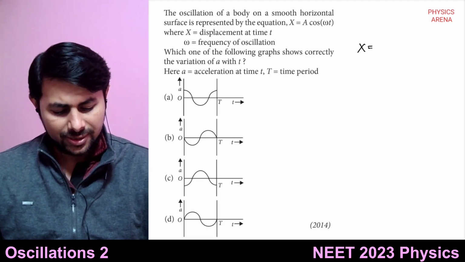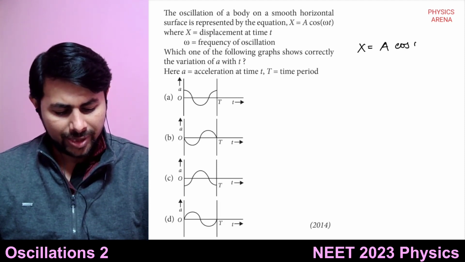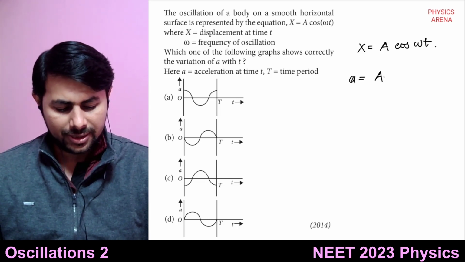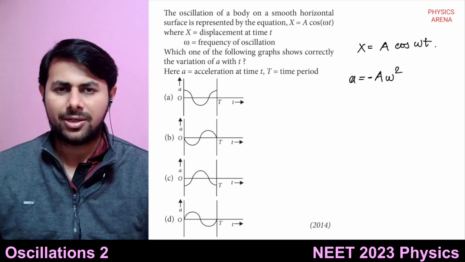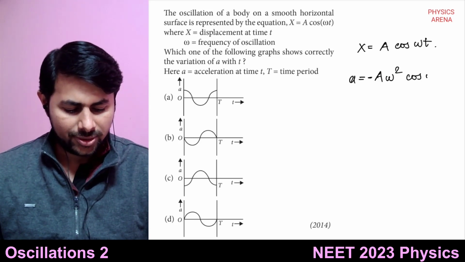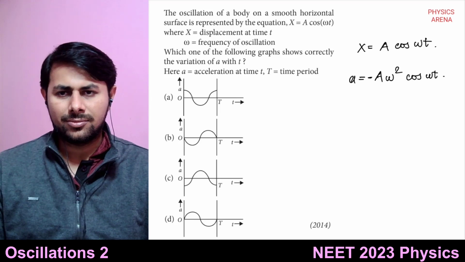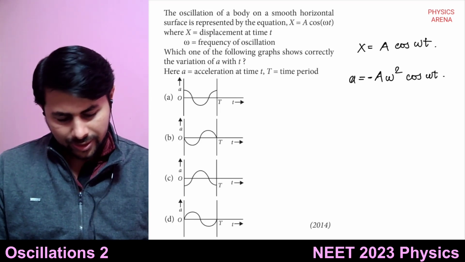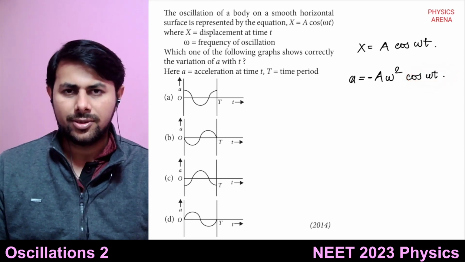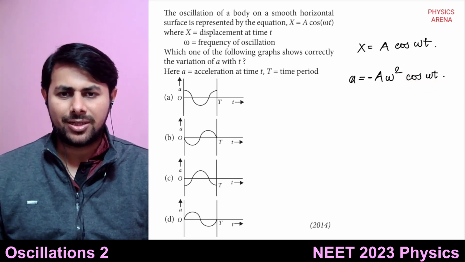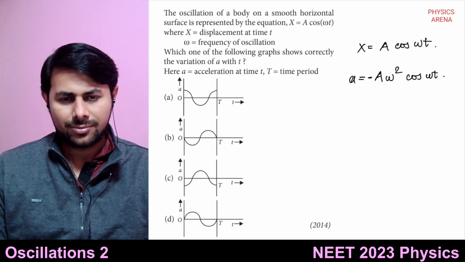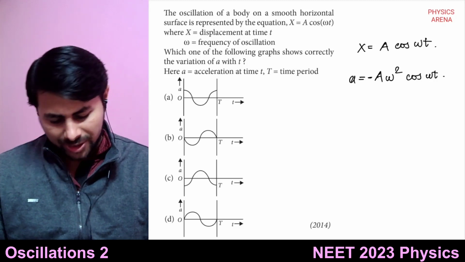See, x is a cos of omega t. So what will be a? It is minus a omega square cos of omega t. So at t equals to 0, this thing will be 1. So a is minus a omega square. It starts from a negative value. Right? Yes, it's option C.